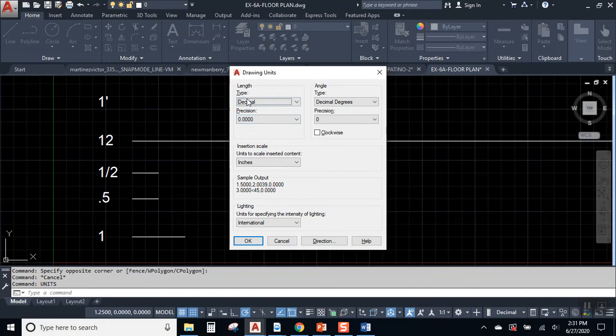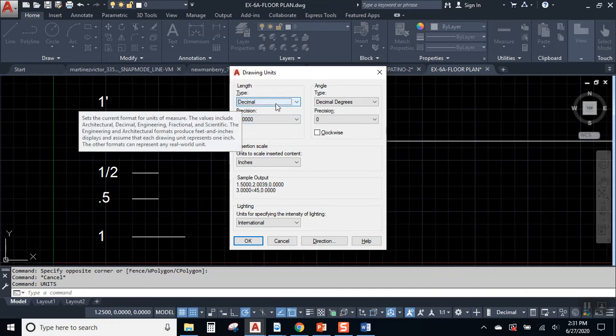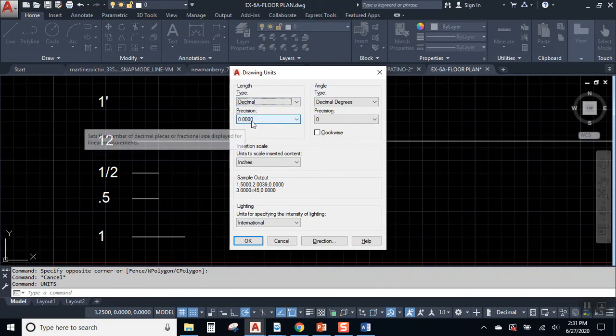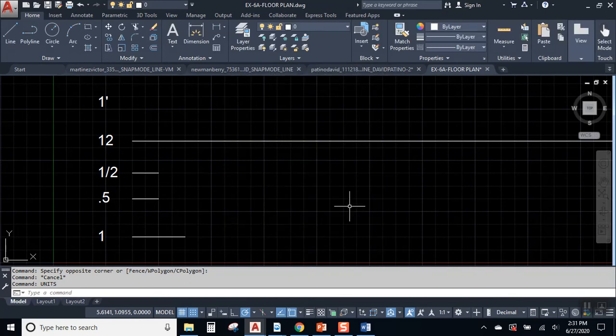It's going to tell us some things about the current drawing settings. Right now the current drawing is set for decimal units, and it's set to the nearest 10,000th of an inch, or 4 places to the right of the 0. Well, what does that even mean? If we take a look down on the status bar at the very end, do you see that we're working with whole inches and then a decimal that goes out 4 places?